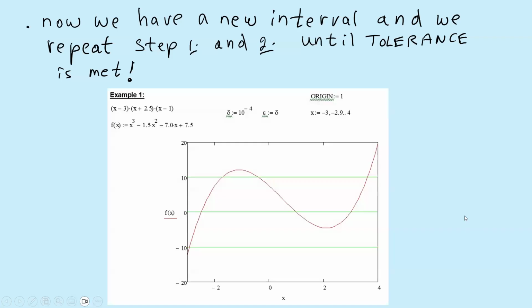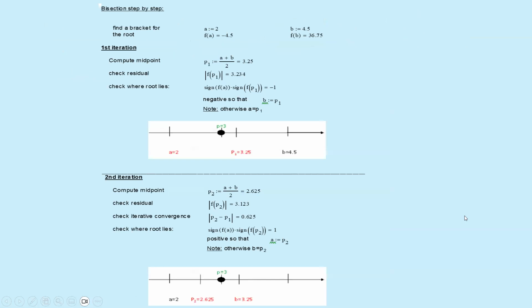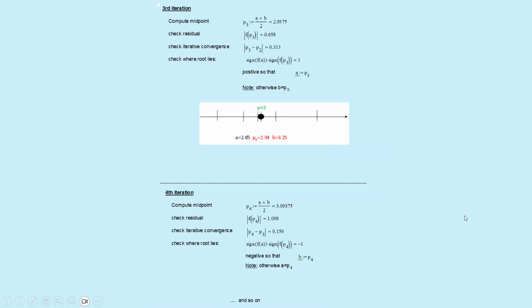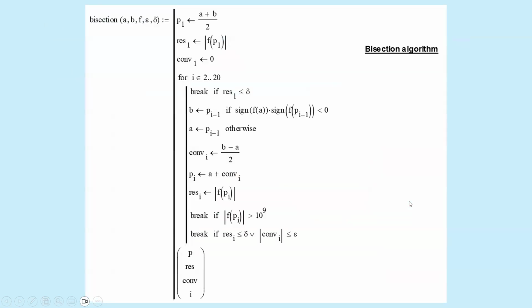You can see the solution of this example in the notes, okay? And we will continue this process. And this is about the coding.